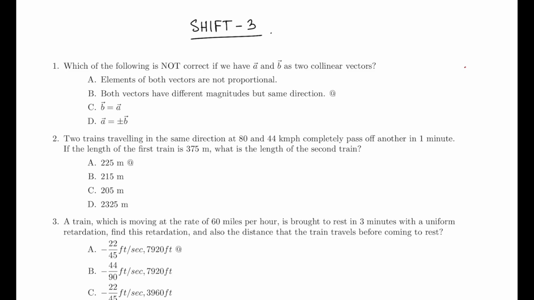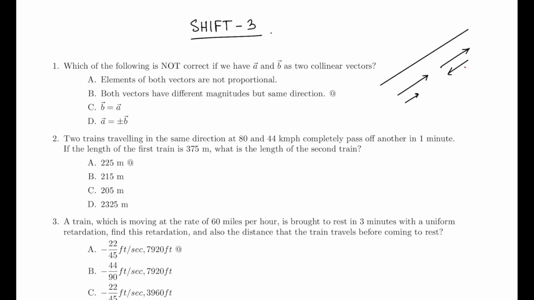two collinear vectors? So we know the collinear vectors are the vectors that are parallel to a particular line given. So this and this can be a collinear vector, this and this can also be a collinear vector, so they have to be parallel to a particular line.